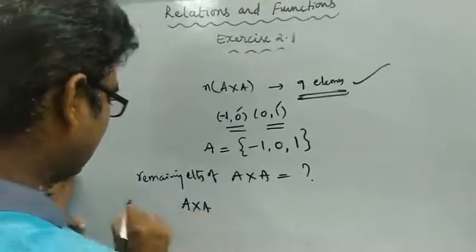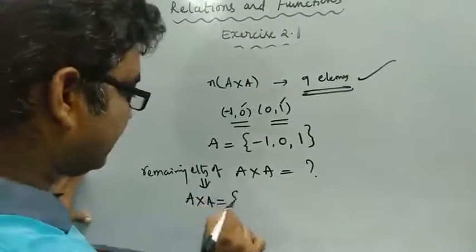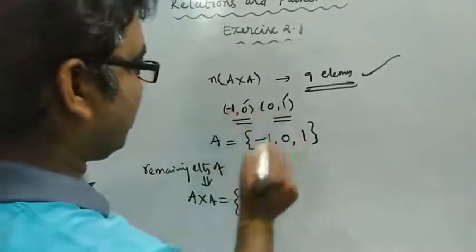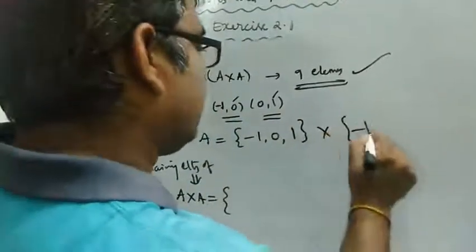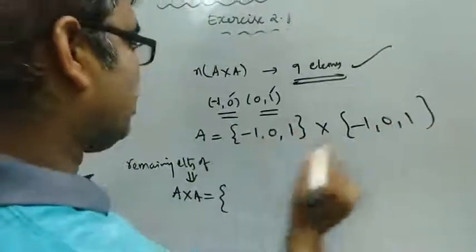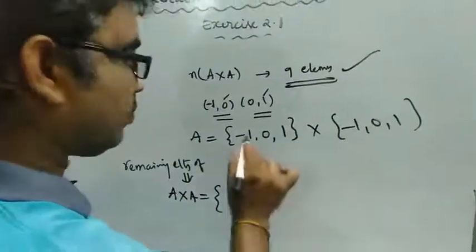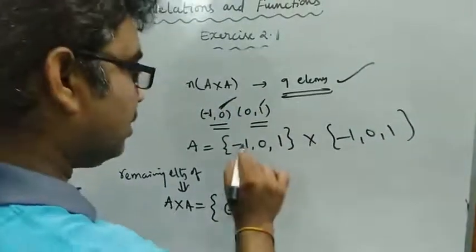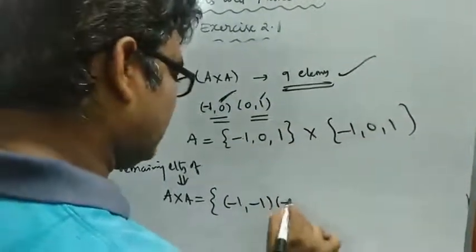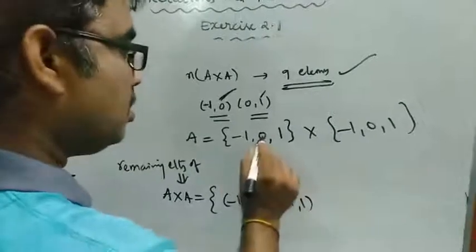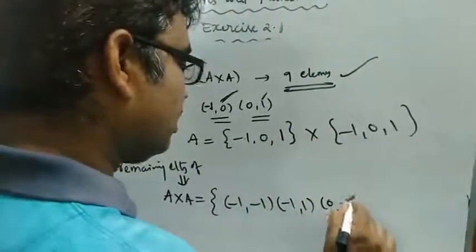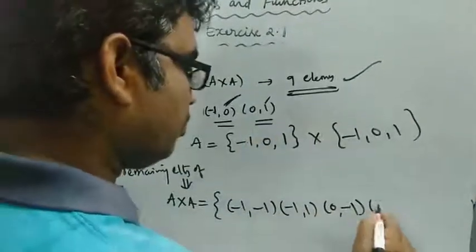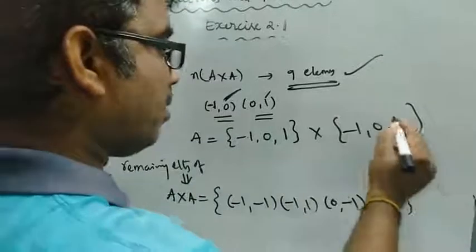Now we have to find the remaining elements of A cross A. Already (-1, 0) and (0, 1) are given. So A cross A: (-1, -1), and (-1, 0) is already there, so no need to write. (-1, 1), that is another element. (0, -1), (0, 0), and (0, 1) is already there.